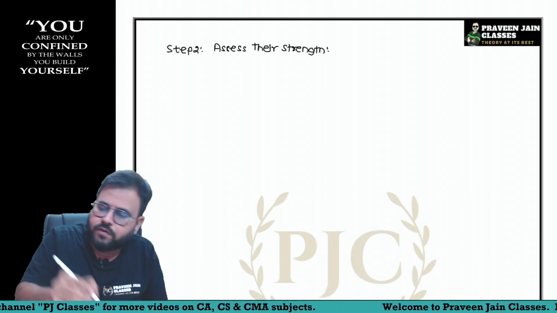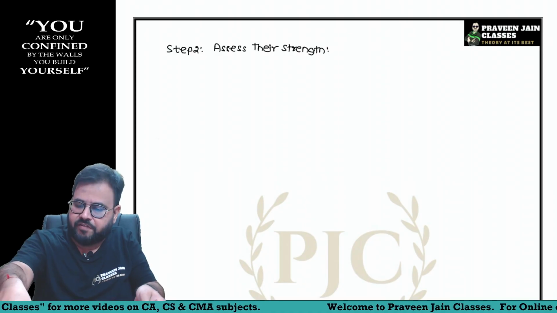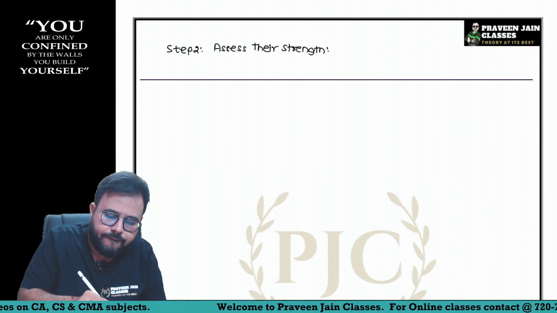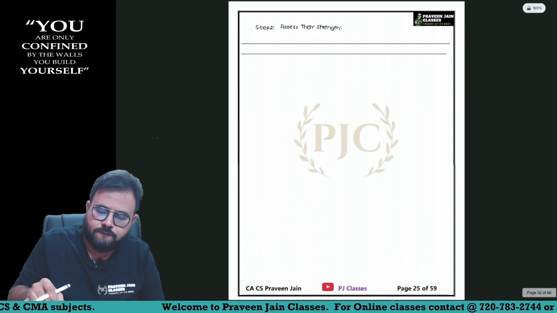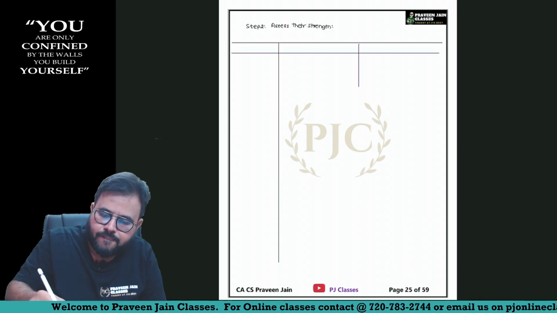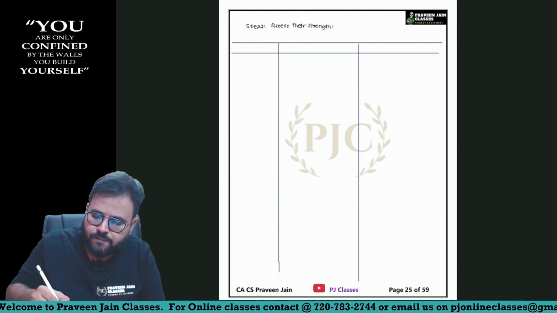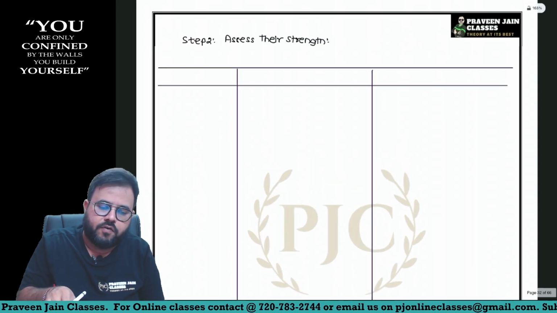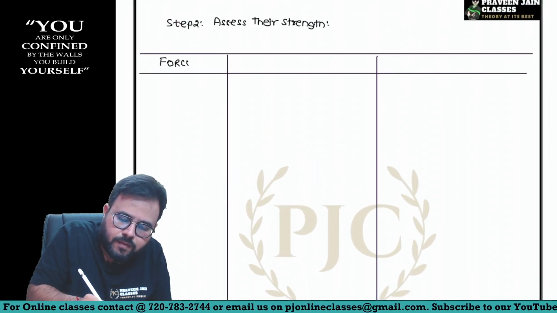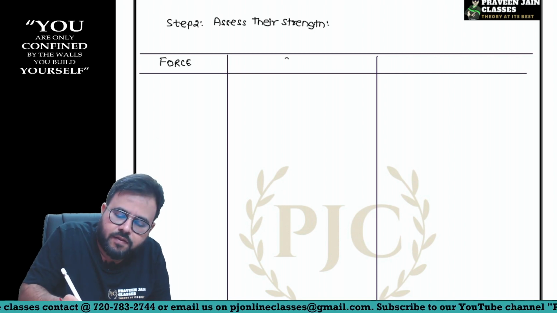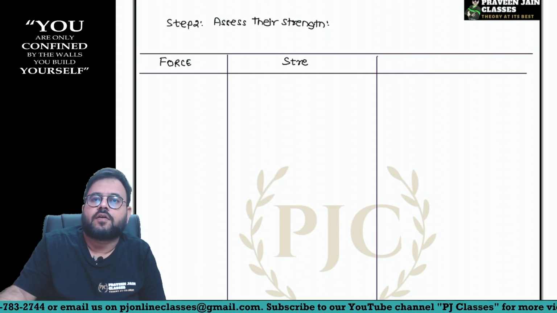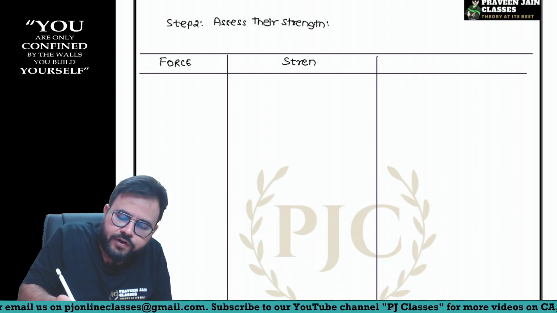So what we will do, sir, is put it in a better presentation. Now, first we will write what, sir? Force. Which force is that, sir? Then we are going to write what, sir?